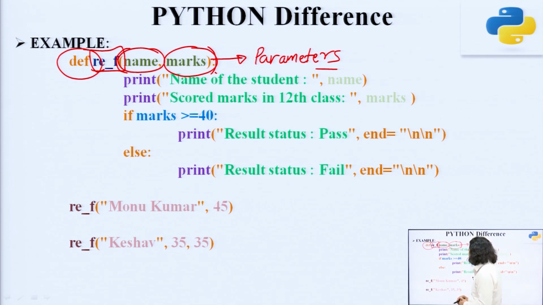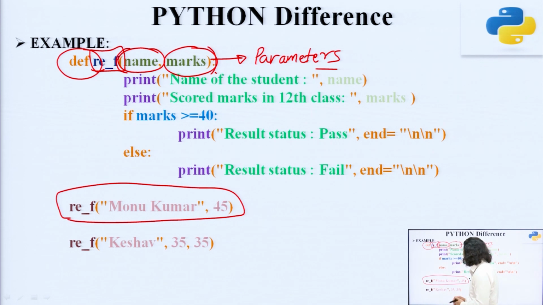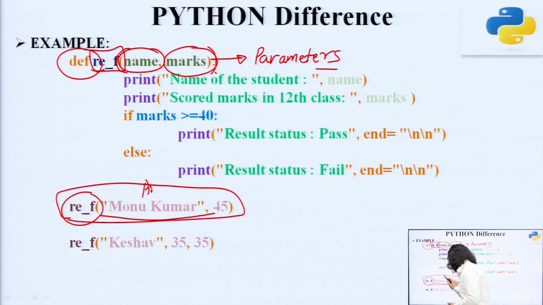The same way, when we are calling the function, this statement is the calling of the function, because this is the name of the function ref, and it is passing some information. This information is referred to as arguments.